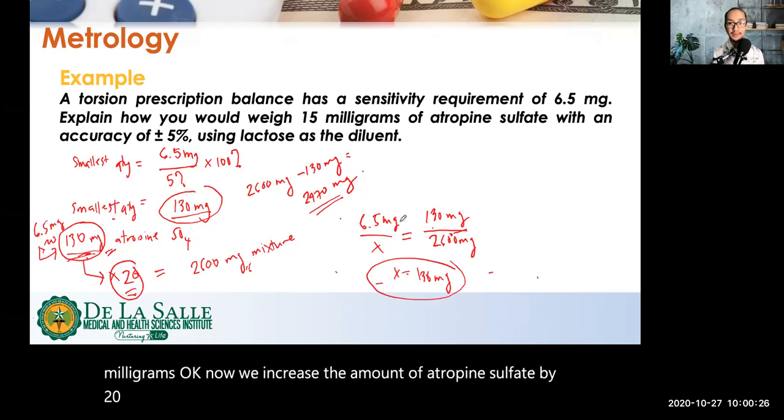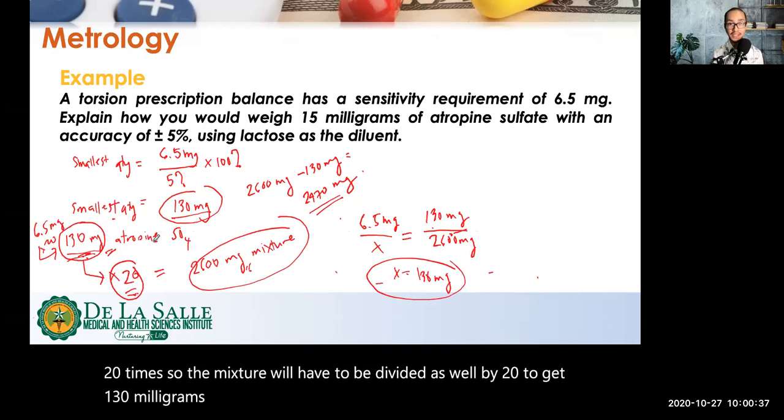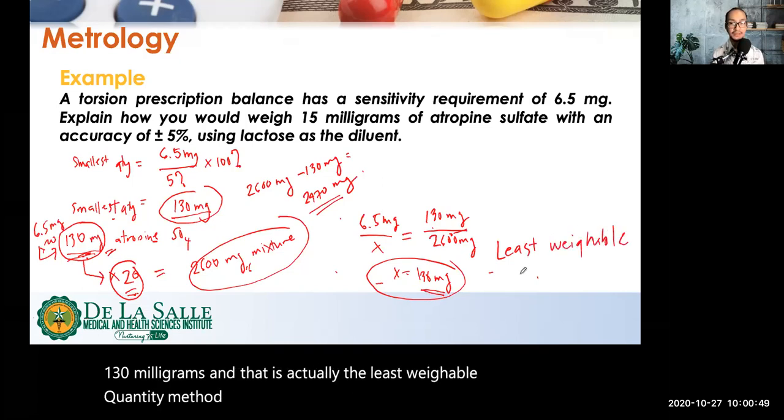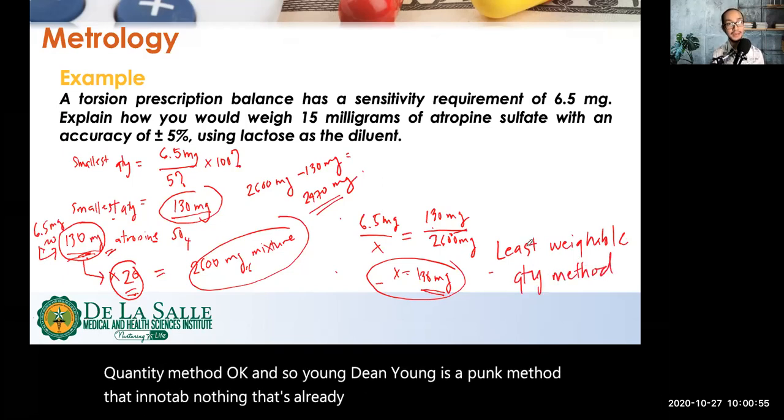So, the mixture will have to be divided as well by 20 to get 130 milligrams of the drug in the mixture. Okay? Yan. So, 2,600 divided by 20 is 130 milligrams. And that is actually the least weighable quantity method. Okay? Ayan. So, yan din yung isa pang method na tinatawag natin. That's already the least weighable quantity method.